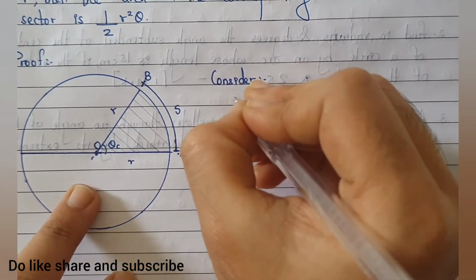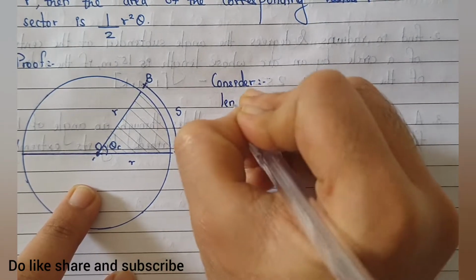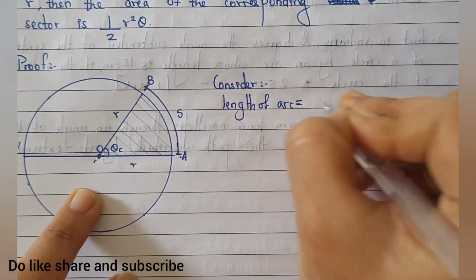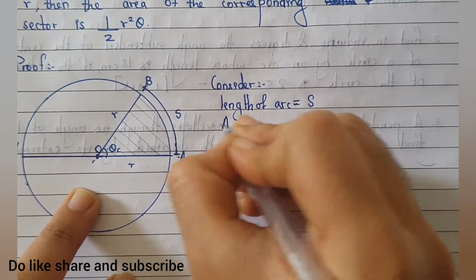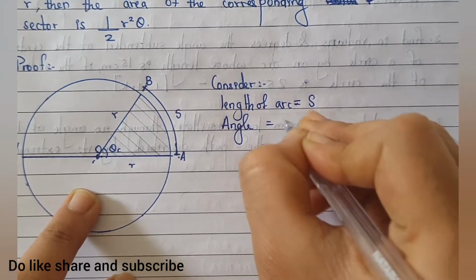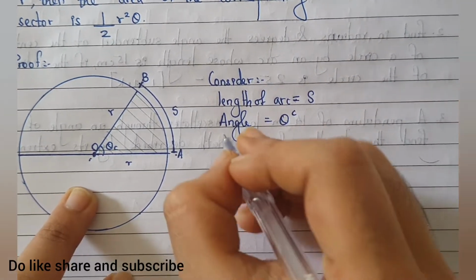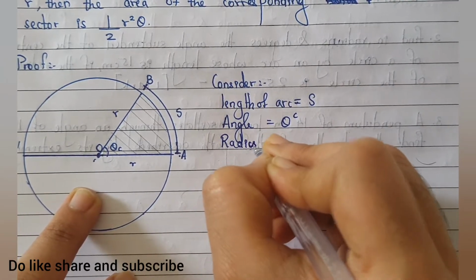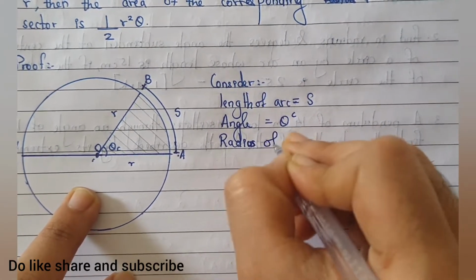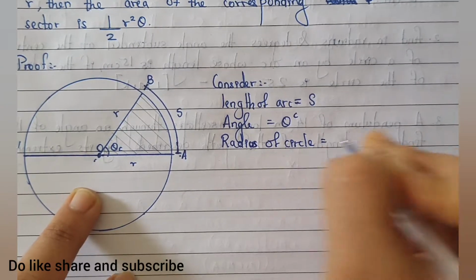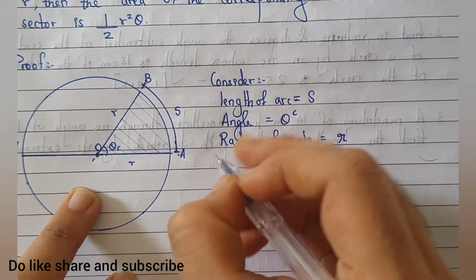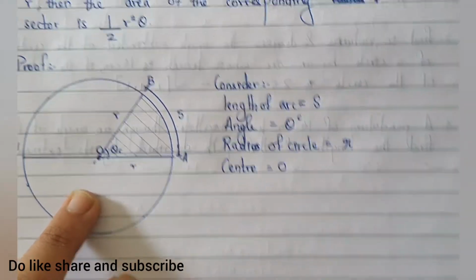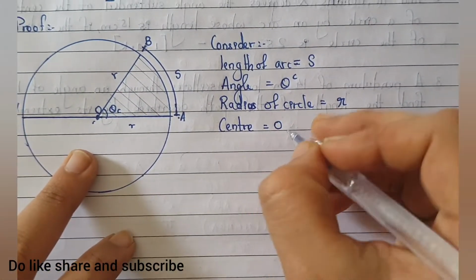So consider length of arc is equal to S, angle is equal to theta in radian, radius of circle is equal to r, and center is equal to point O.